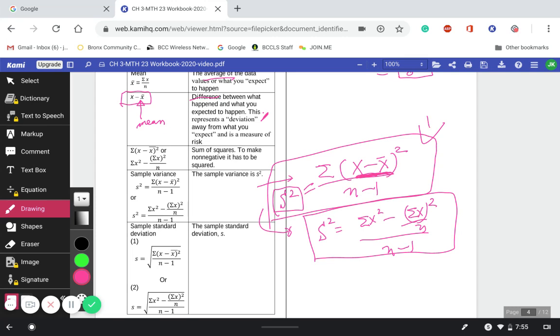So this is by the definition, and this is more efficient to calculate the value when you have a large number of input data x. Okay? So that's the formula. You do not have to know how they developed this formula, but you use it to find the variance, which means how much your difference from center squared is, and getting the average of that.